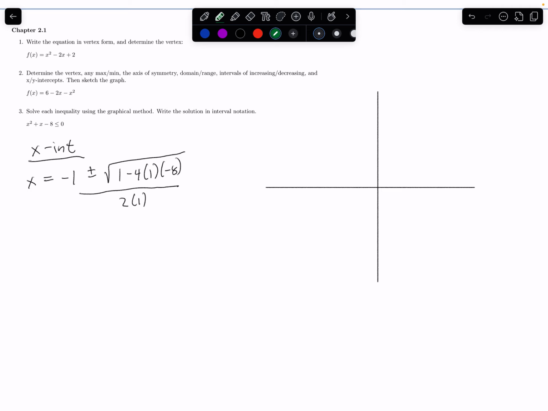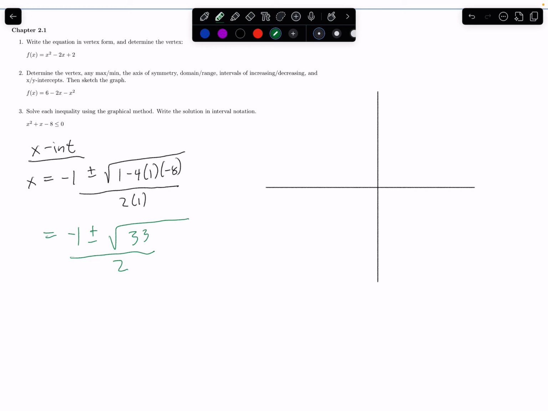So it's -1 plus or minus the square root of 1 minus 4 times -8. 4 times 8 is 32, and this is 1 plus that, so 1 plus 32 is 33, over 2. Okay, which is not a very nice number.